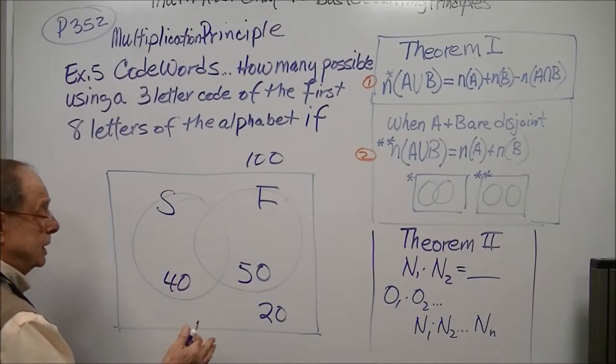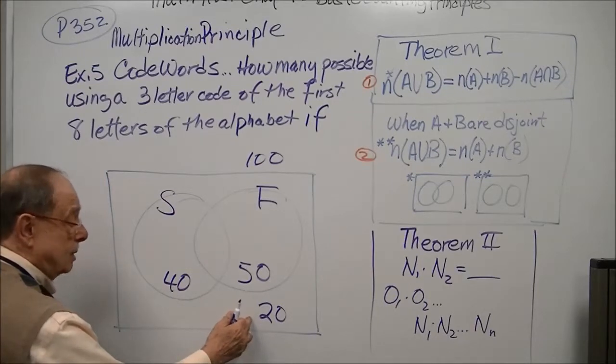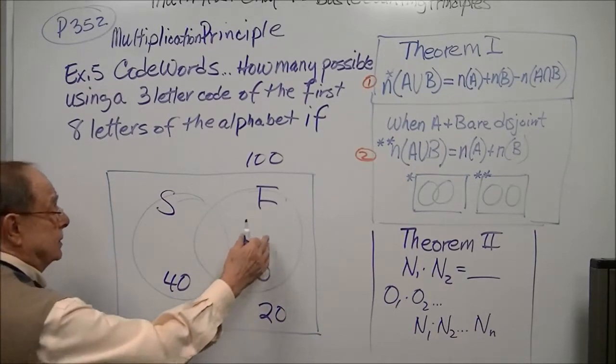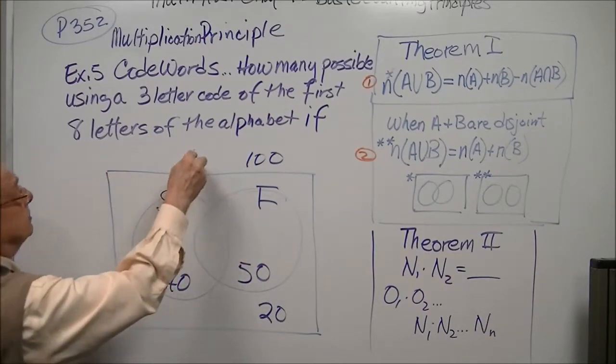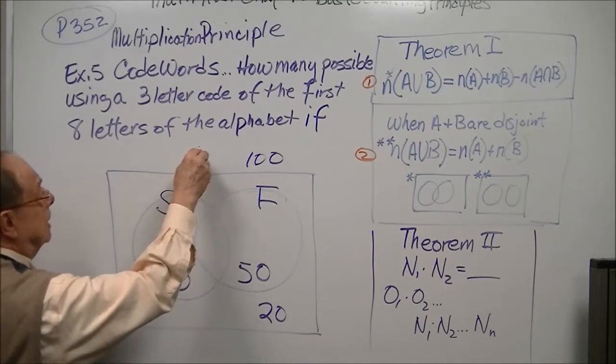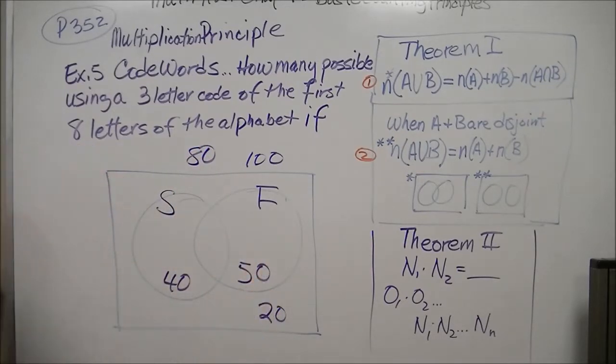Because the way we do it is we have to take out our complement out of it. So the ones that speak a language are 80.